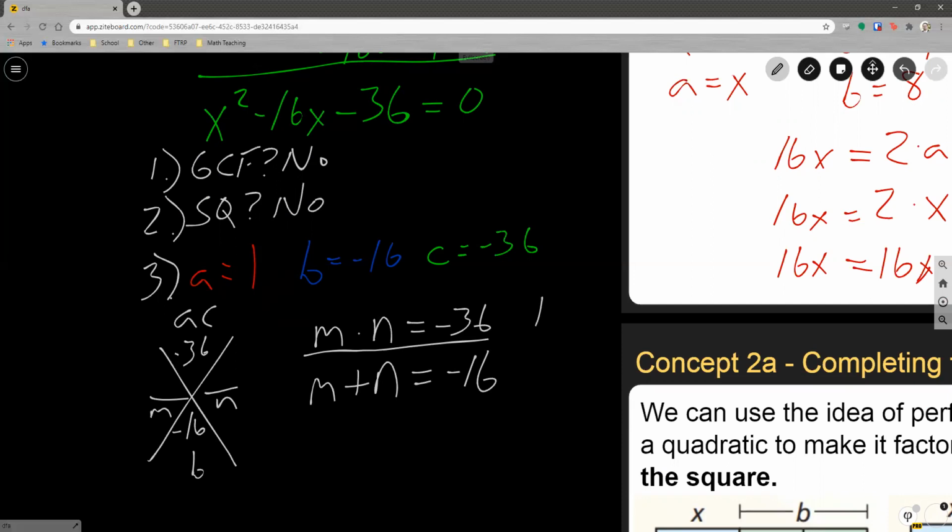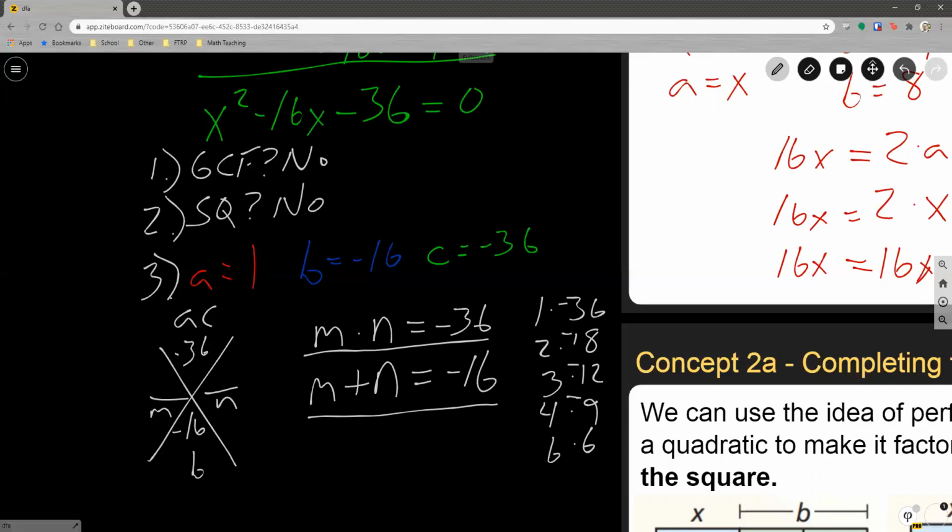So I'm going to write out some factors really quick. 1 times 36, 2 times 18, 3 times 12, 4 times 9, and 6 times 6. Well, also, if I'm adding them together and I'm ending up still with a negative number, I know that one is going to be positive, one's going to be negative because of the multiplication. And I know because my sum is negative, that the larger of the two numbers needs to be the negative.